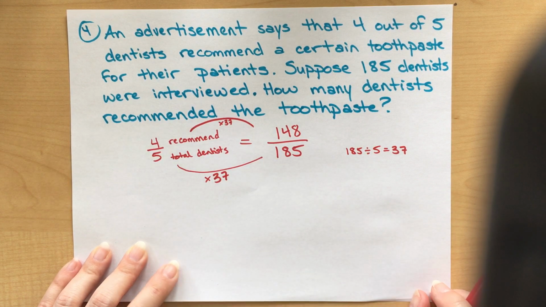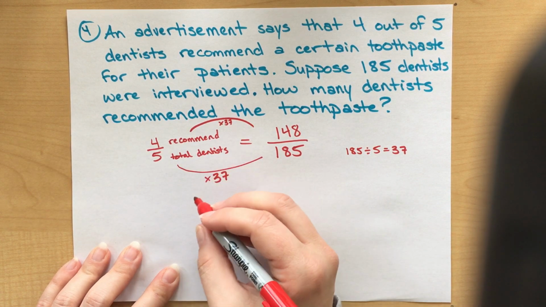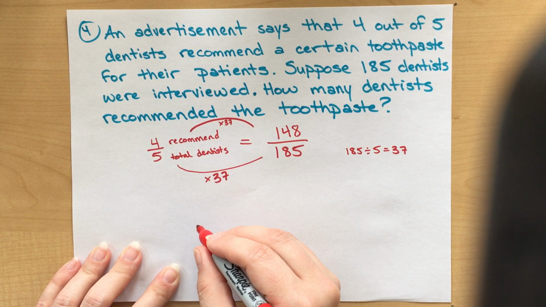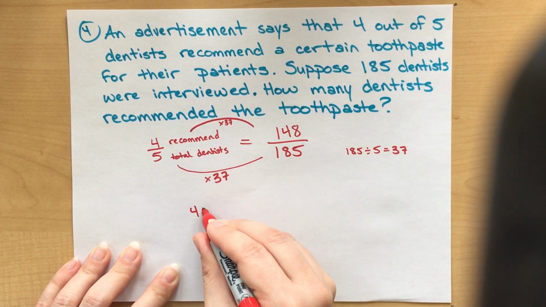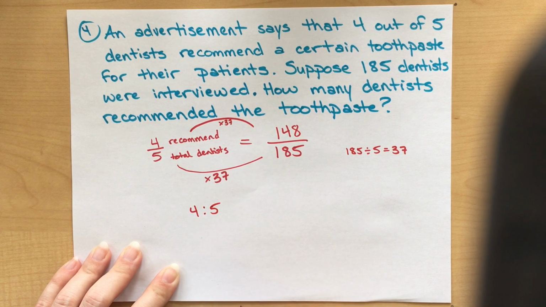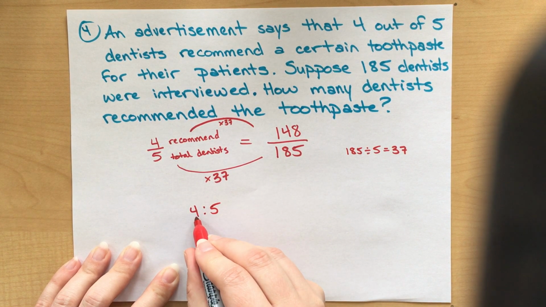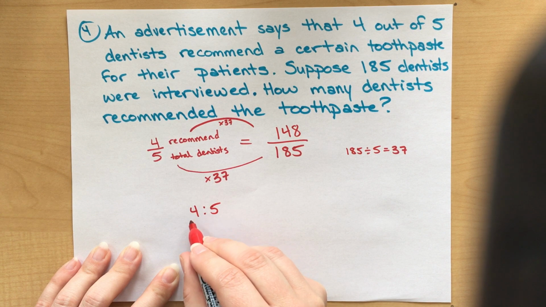You can also look at this though as a ratio. So 4 out of 5. And what you have to look at though is it's not actually a ratio like this. That's not what that's saying. Okay, that's saying in fact 4 dentists to 5 dentists. So that's actually out of 9.